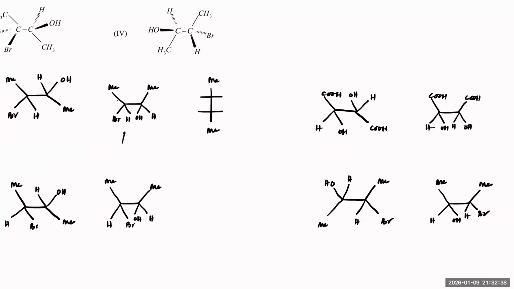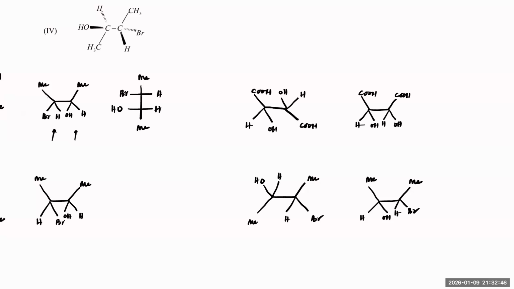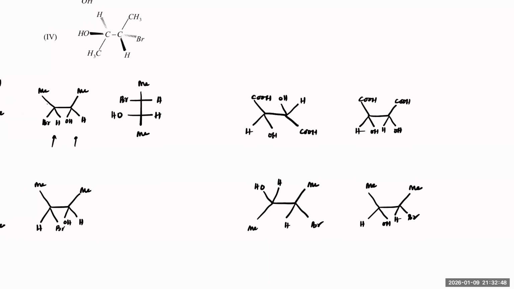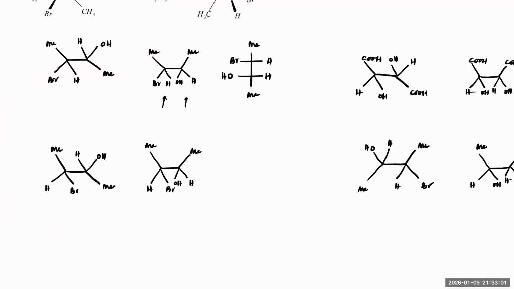If I watch it from the bottom side, then bromine will be on the left, OH will be on the left, H will be on the right, H will be on the right. Likewise, here, if you write the Fischer projection, COOH up, COOH down. So H and H will be here, OH and OH will be here, which is the mesoform.